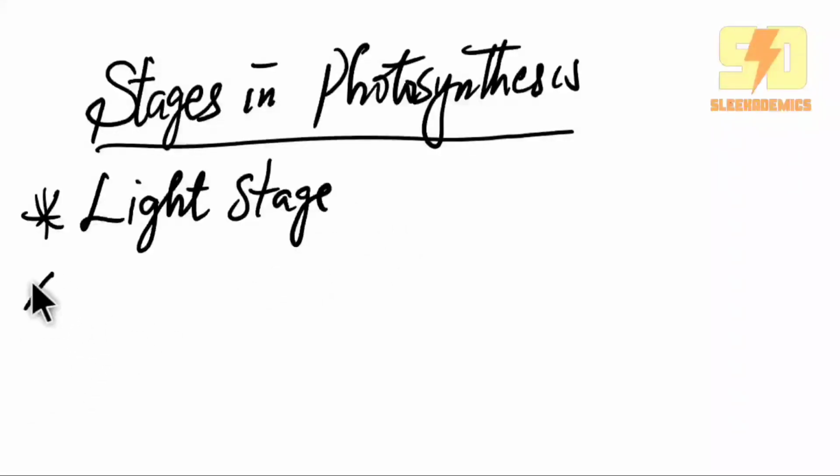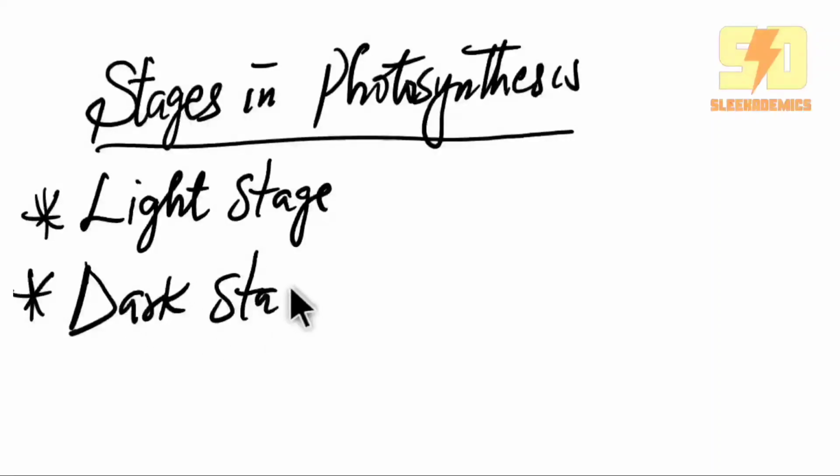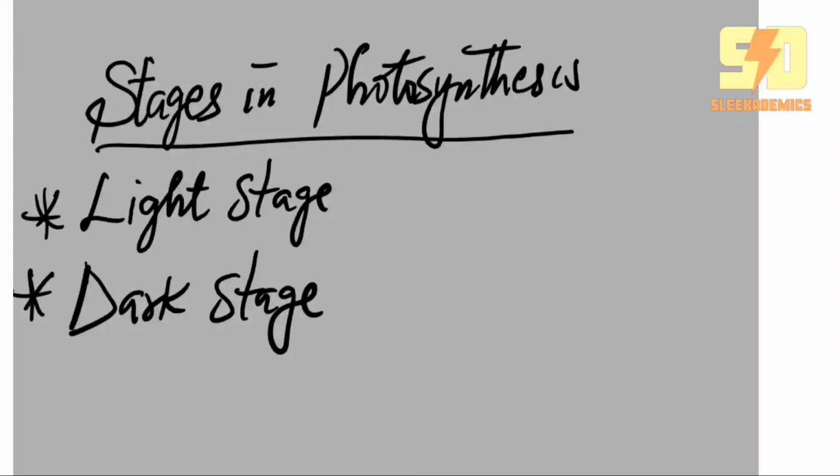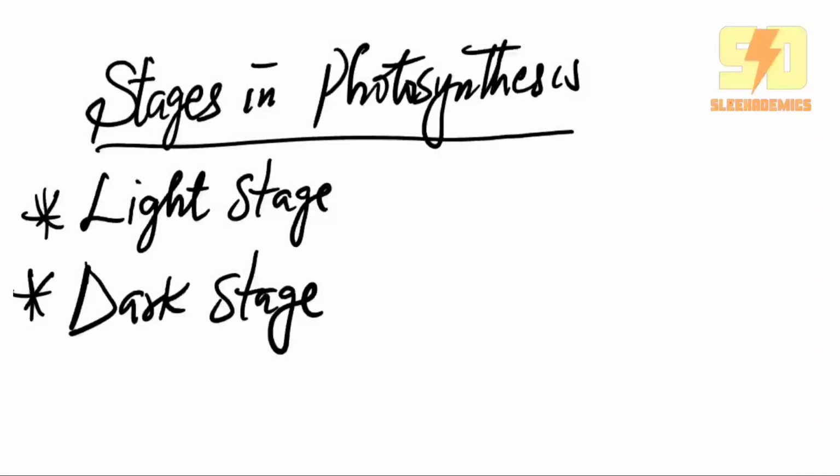And then we have the second stage, which we call the dark stage or light independent stage. Now, what this is simply trying to say is the light stage occurs in the presence of light, and the dark stage occurs in the absence of light.